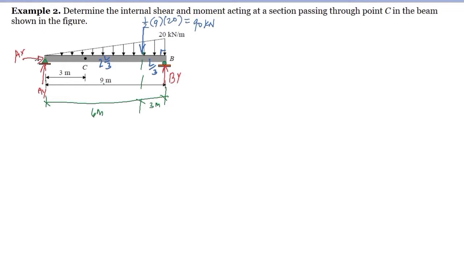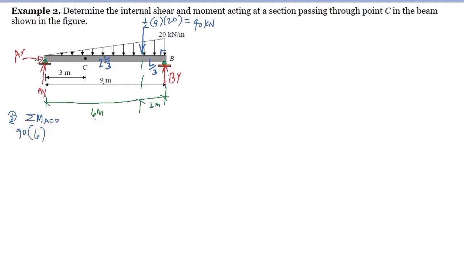Now, in order for us to solve for the reaction at B, we have to take moment at point A. So we summate moment at point A equal to 0, taking the clockwise direction as positive. We have here the resultant of the load, which is 90 kilonewton, multiplied by the moment arm, that's 6 meters.